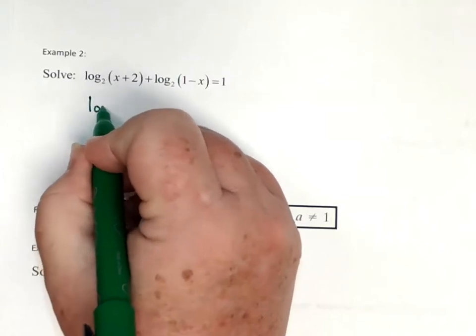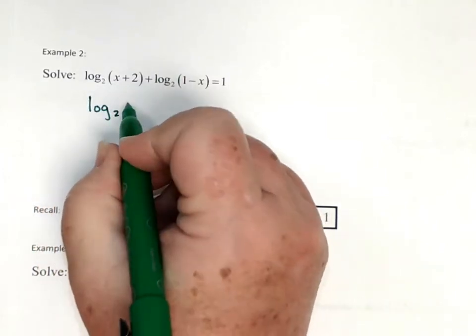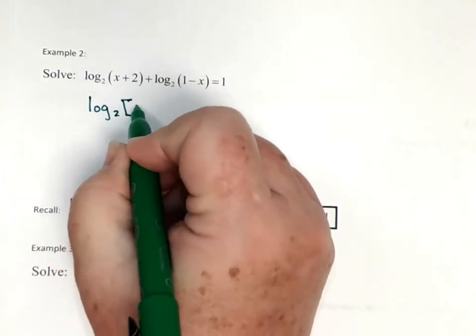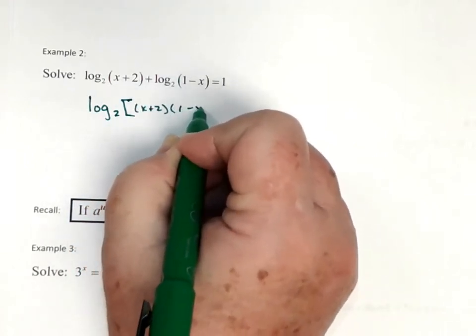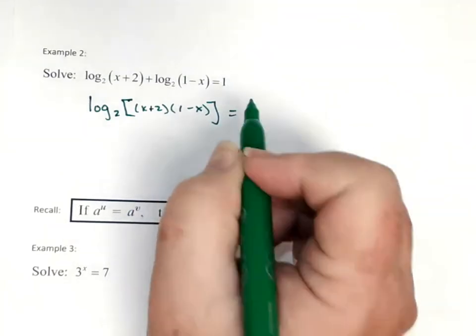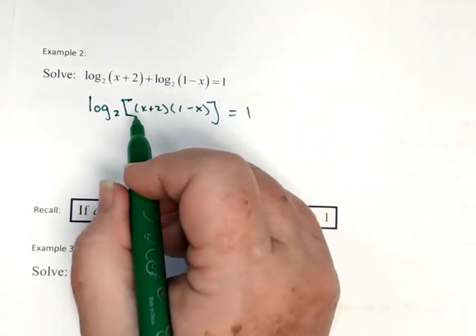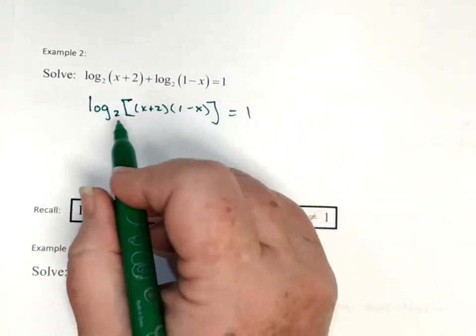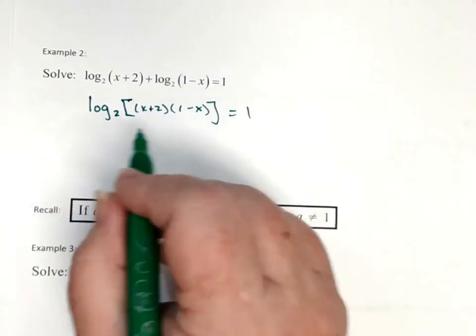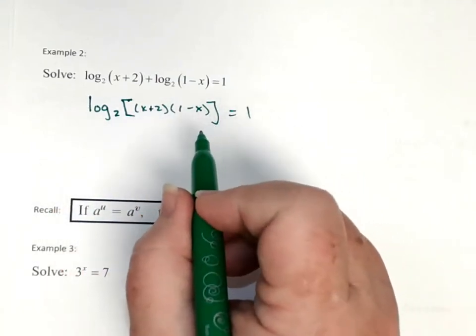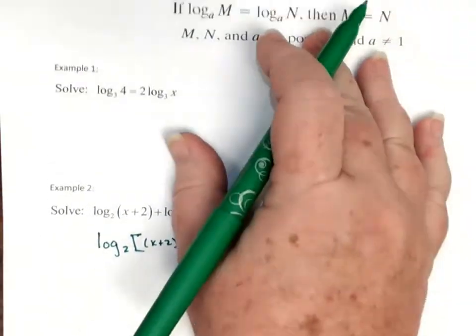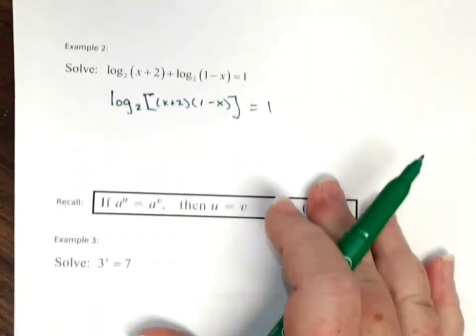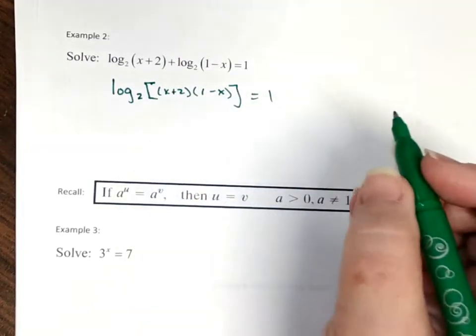I can rewrite this as log base 2 of the product of x plus 2 times 1 minus x, and that equals 1. Now the problem here is, even though I have a single term, there's not a log on both sides. So I'm not going to be able to solve this using that common log bases property from before.